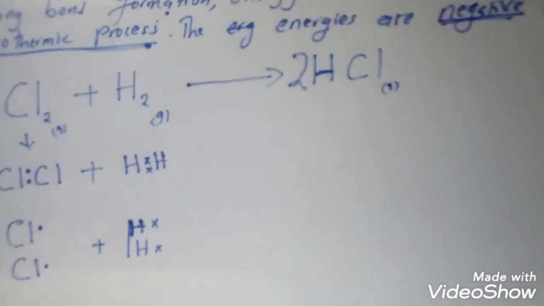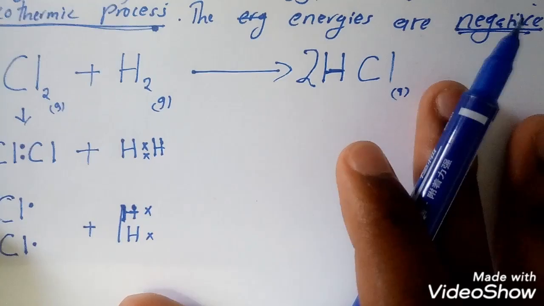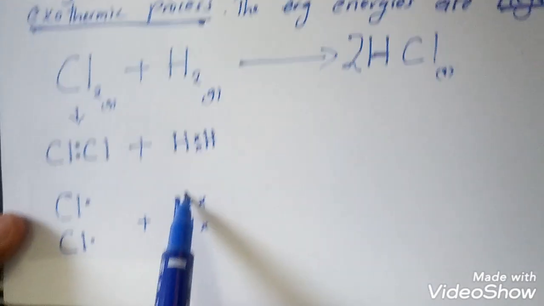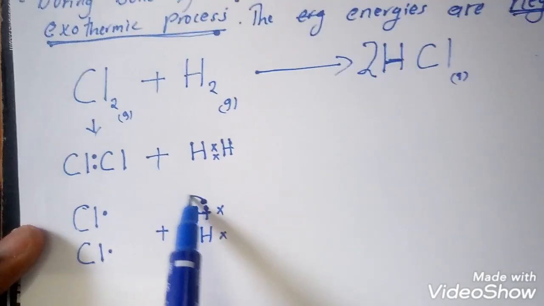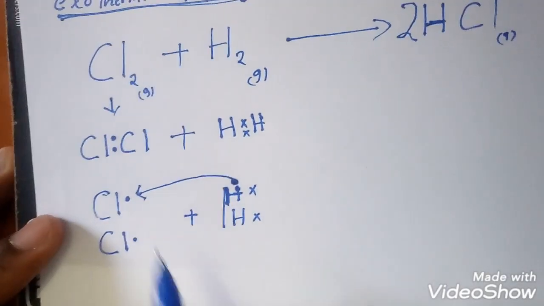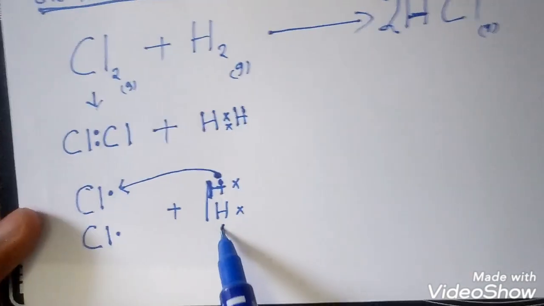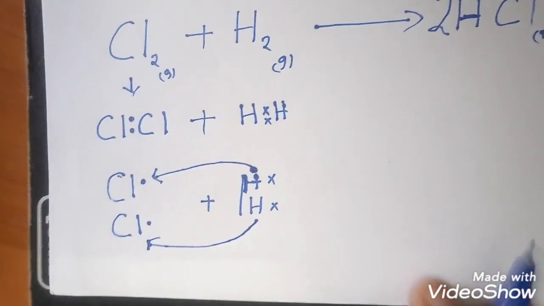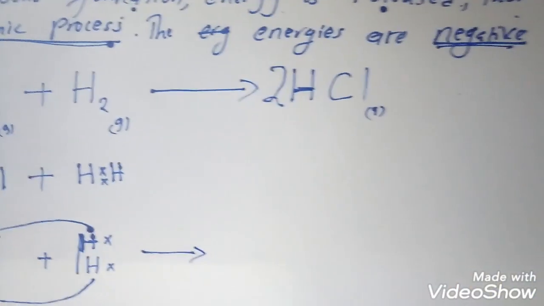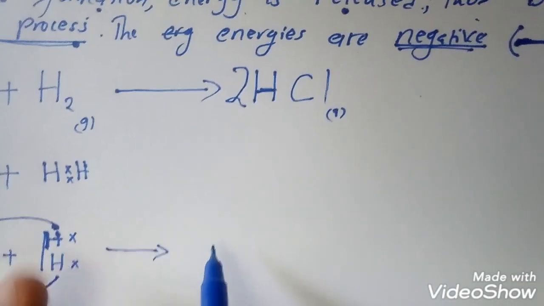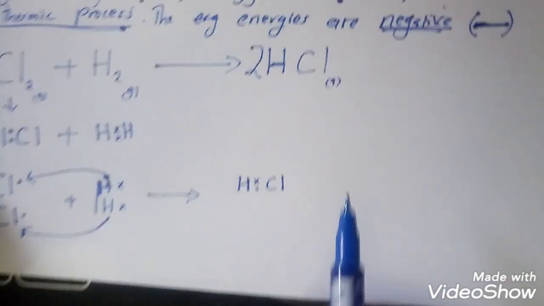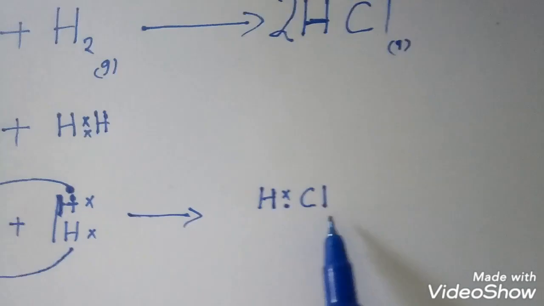We said that there is rearrangement of the atoms. So what will happen is that this hydrogen atom will combine with one chlorine atom. This hydrogen atom will combine with the other chlorine atom, so that what we will have here is hydrogen combined with chlorine to form hydrogen chloride.